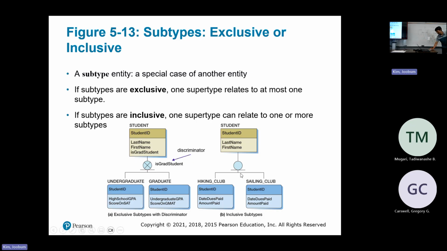But in the inclusive case, for example, students can join the hiking club, can join the sailing club, can join the rock climbing club, or both, or multiple clubs, okay? Or nothing. So in this case, it is called an inclusive subtype. Okay.